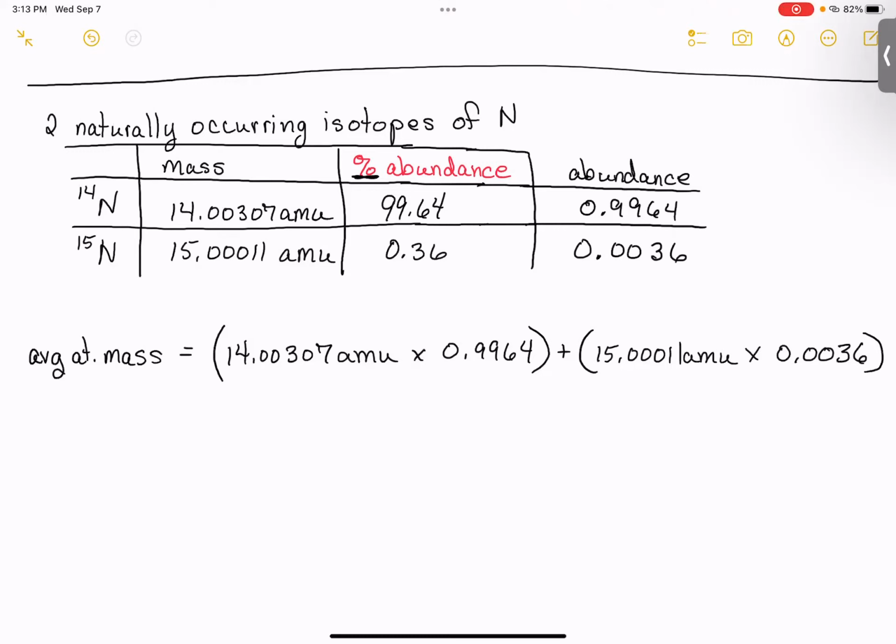When you complete that math, what you get is 14.00665 AMUs. And if you look at the periodic table up there on the wall, you will see that it reads 14.00674.